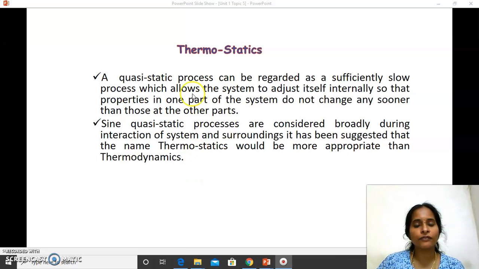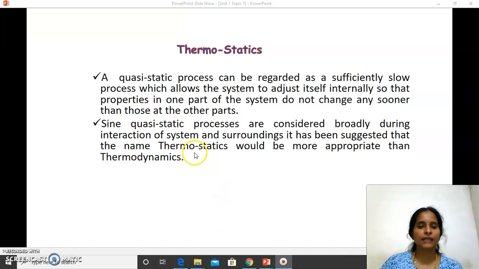So instead of thermodynamics, dynamics means movement, as we have already seen. Dynamic means moving from one state to another state, or conversion from one form to another, right? So instead of thermodynamics, we can call this subject statics, since we are giving more importance to equilibrium conditions.